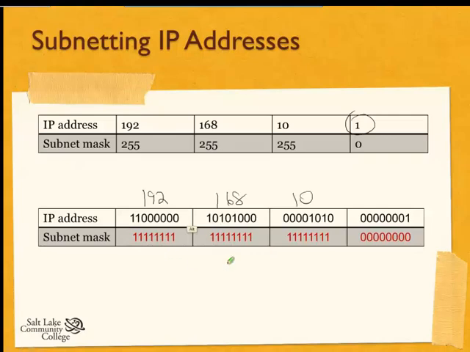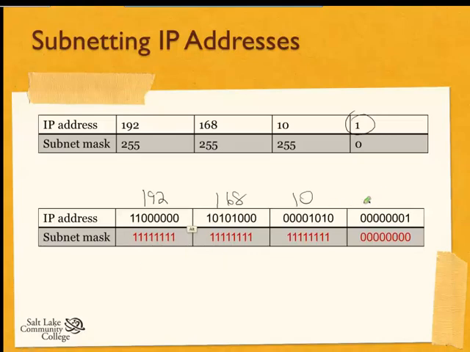So as it stands right now, what we have is one network, and the network number, remember, when it comes to network numbers, it's always the first possibility in the host range. So 192 is set, 168 is set, 10 is set. This octet is open. It's the first possibility in this host octet that will define our network.